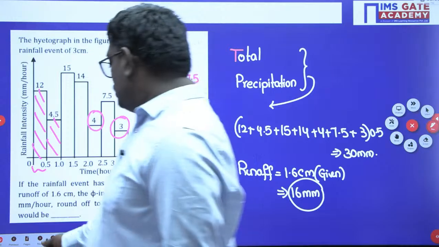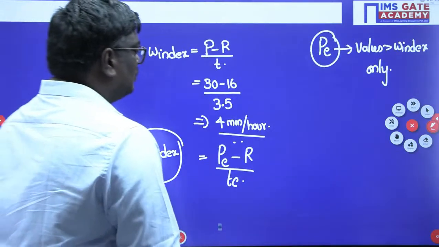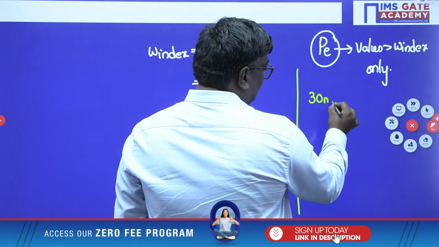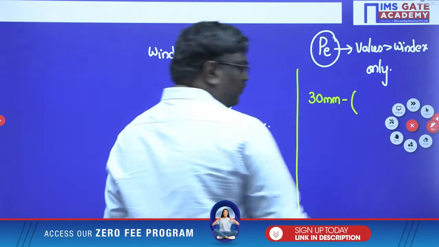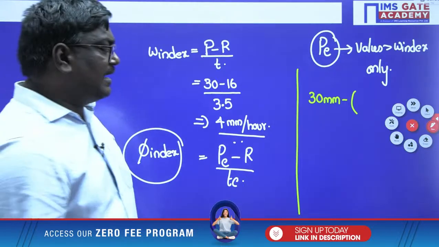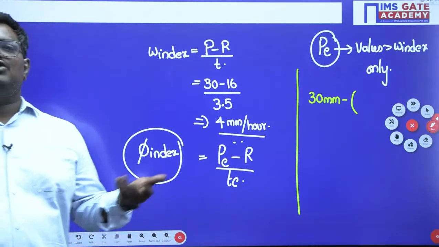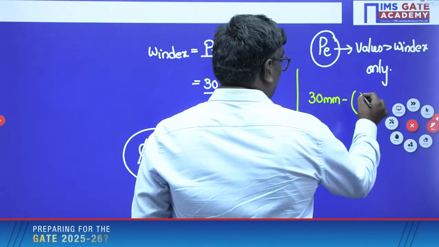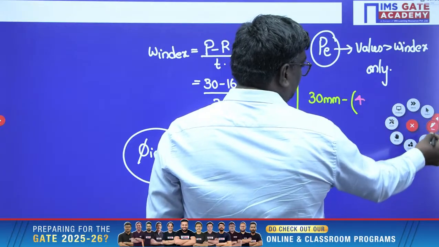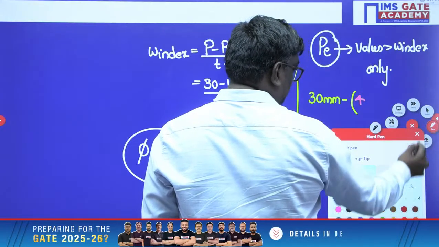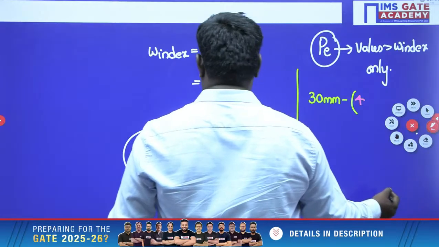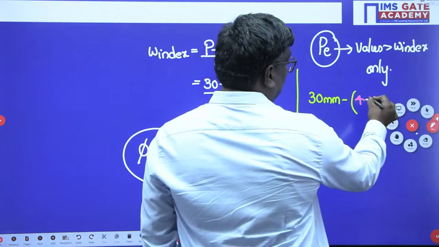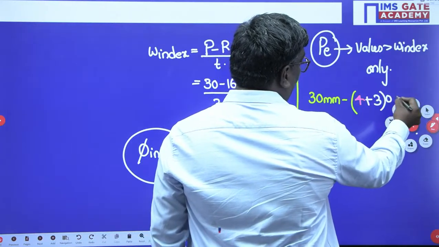Yes or no? So here, the total precipitation is how much? 30 mm. In that, the values which are less than 4 will be excluded. That means you are taking the values which are more than 4 only. So one is 4 and the other one is 3, right? 4 plus 3 into 0.5.